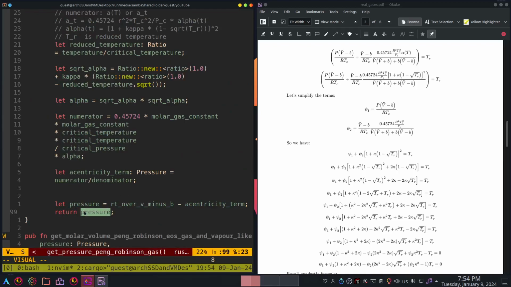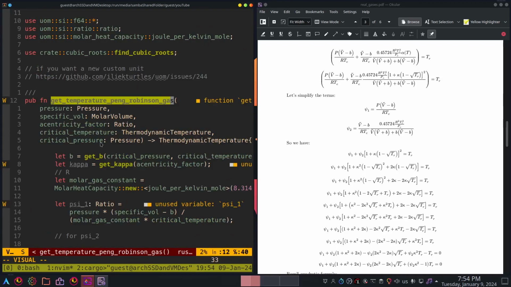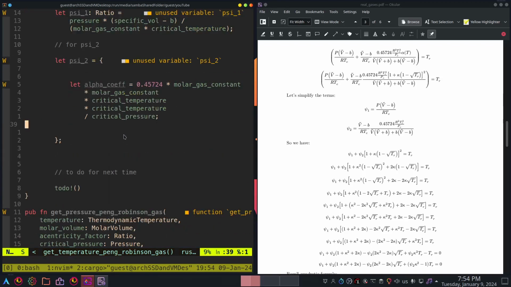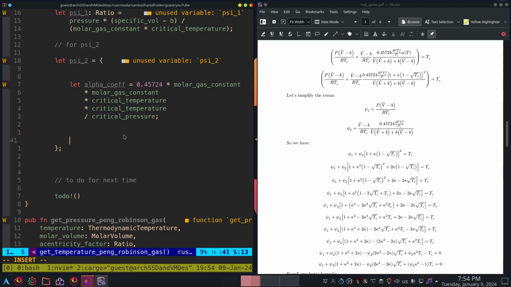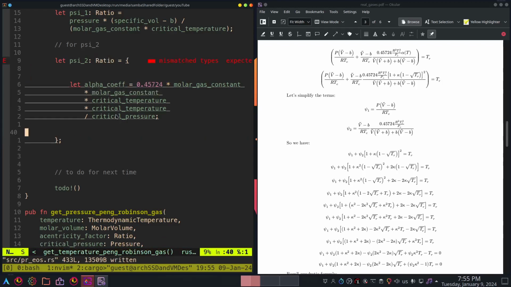I'm not going to use the return because returning a value means returning to this function. So to return a value to psi2 here, I will just put the value right here. Psi2 will be this value. Let me make sure psi2 is definitely a ratio type.